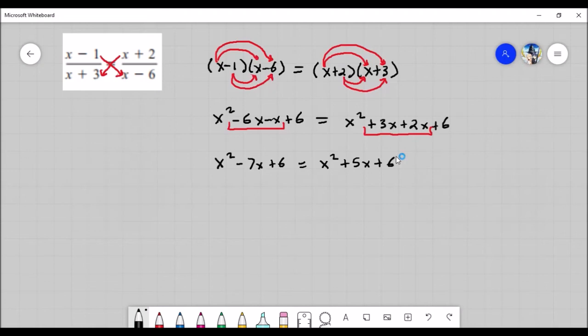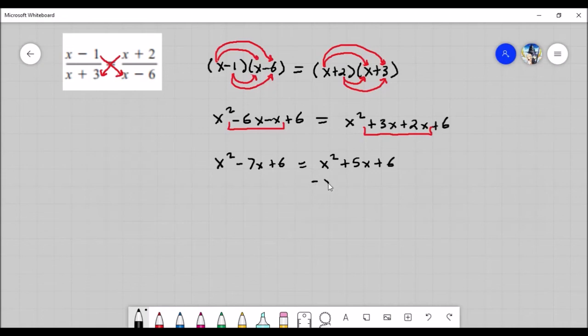All right, so now I'm going to move all of my variables to one side of the equation and just my numbers, aka my constants, on the other side. So I'm going to move all my variables to the left side and all my constant numbers to the right side, just because.